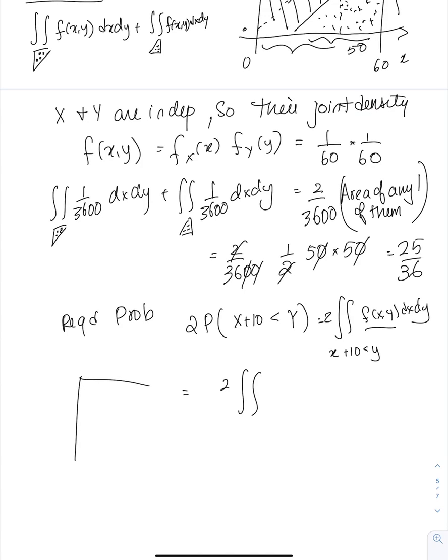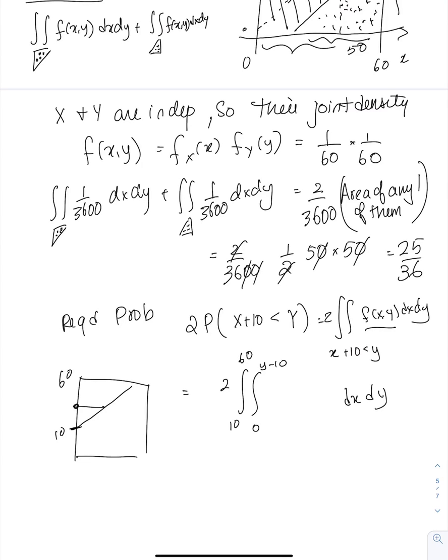So you have x plus 10 is less than y, so y is bigger than that, so it's that region. And how would you write that region without catering to this whole area thing? You know that y goes from 10 to 60. Okay, and for each fixed y, x goes from 0 to y minus 10.